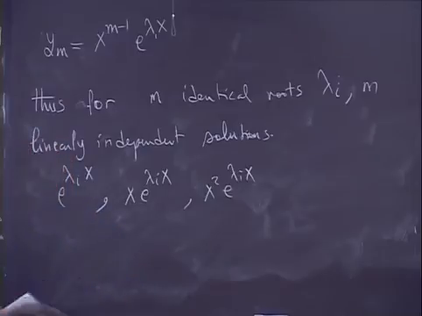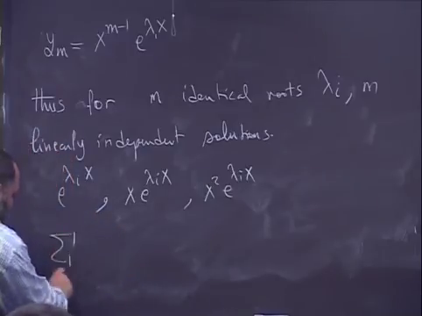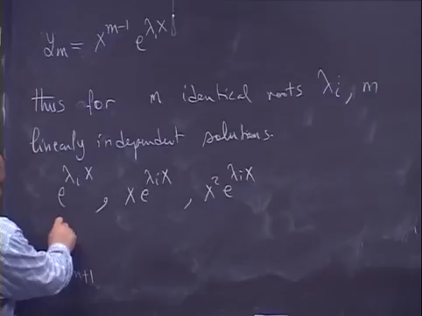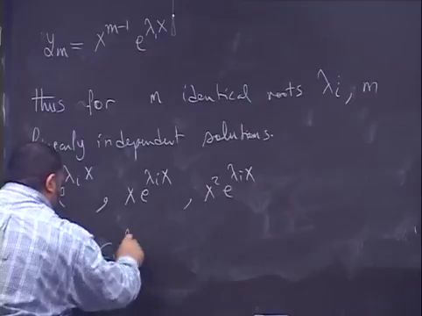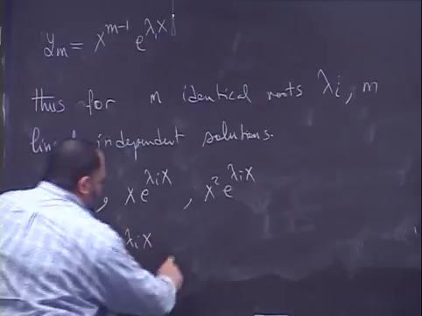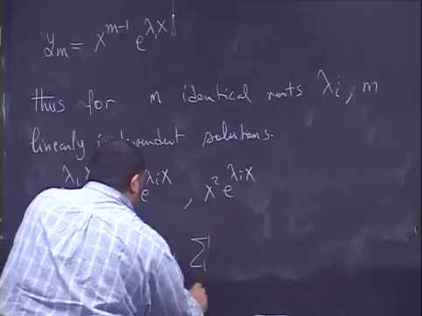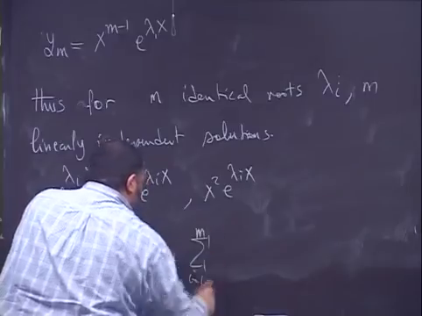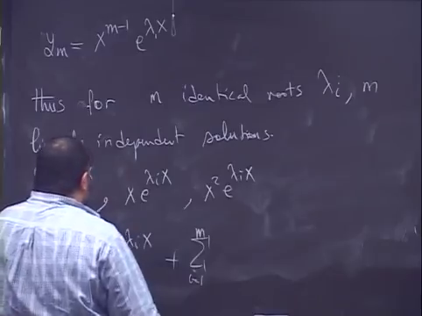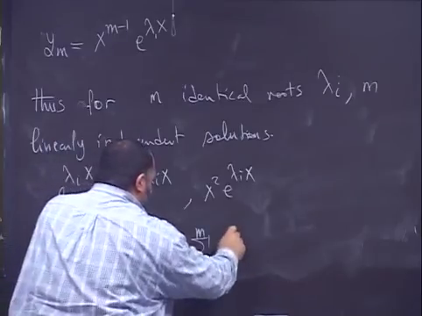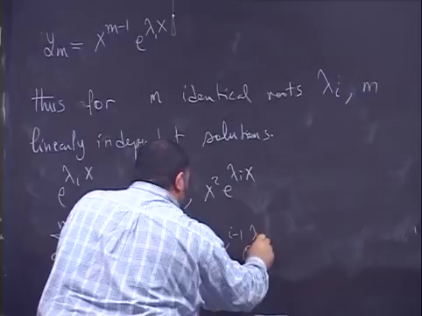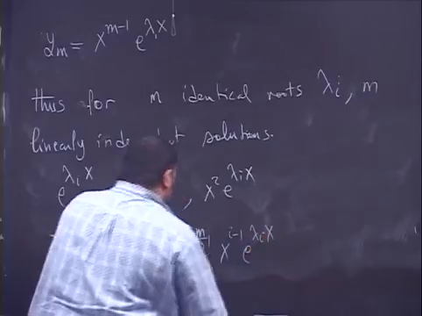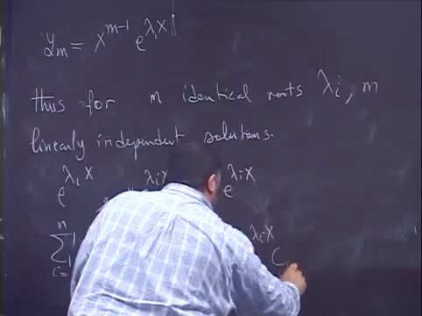The set of solutions will be the summation from i equal to m plus 1 to n of c_i e to the power of lambda_i x, plus the summation from i equal to 1 to m of x to the power of i minus 1 e to the power of lambda_i x multiplied by c_i.